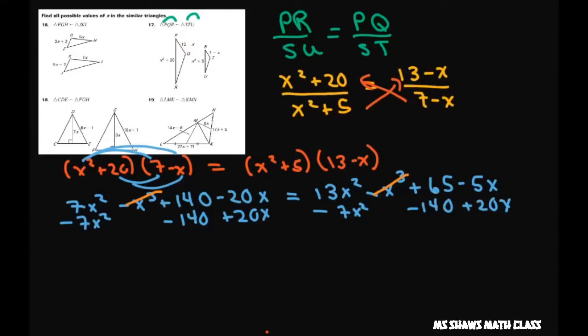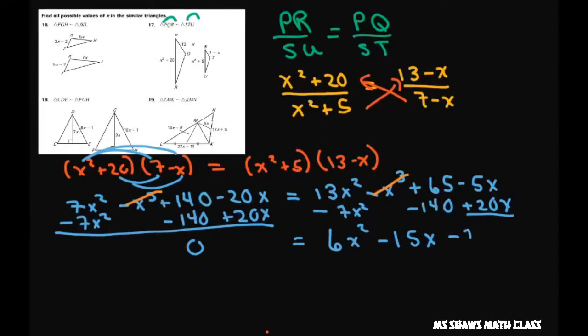you're going to get 0 on this side, which is our goal, equals 6x squared, and I'm going to do this one, that's going to be minus 15x, and then 65 minus 140 is minus 75.